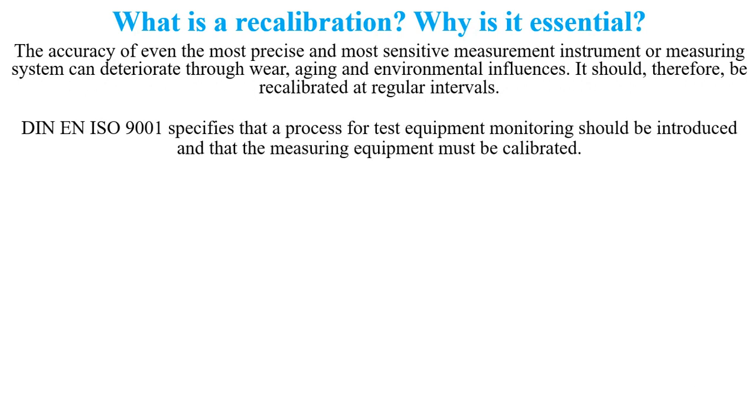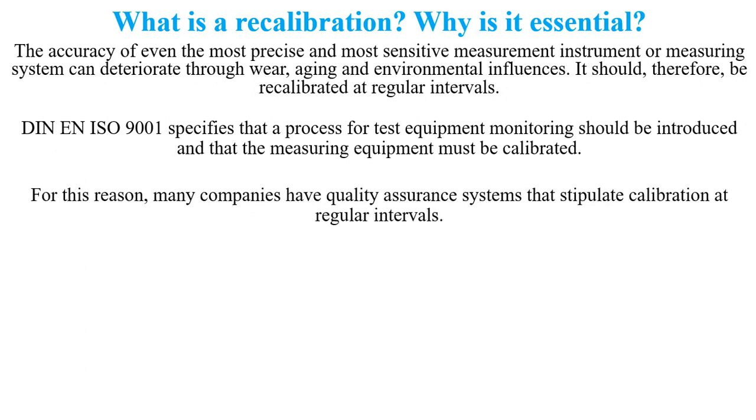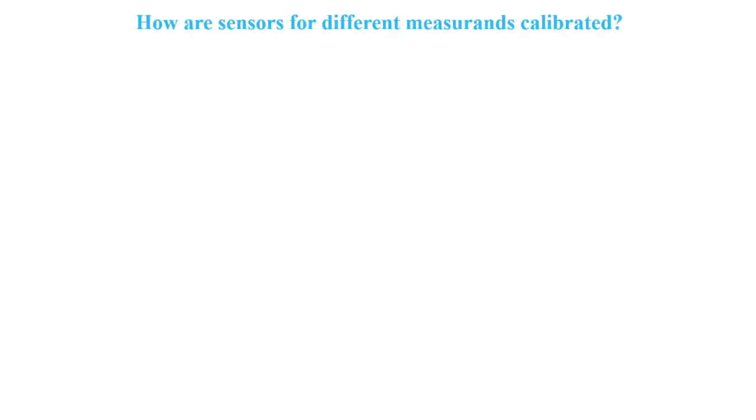That's why we need to specify the intervals for recalibration. DIN and ISO 9001 specify that a process for test equipment monitoring should be introduced and that the measuring equipment must be calibrated. For this reason, many companies have quality assurance systems that stipulate calibration at regular intervals.